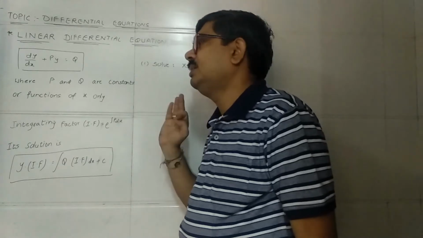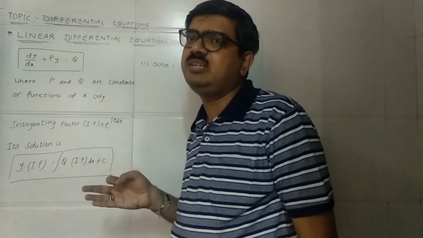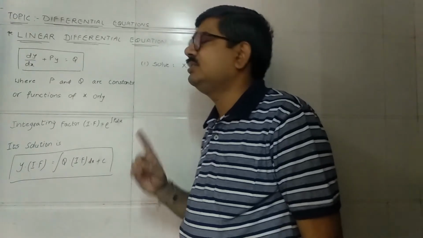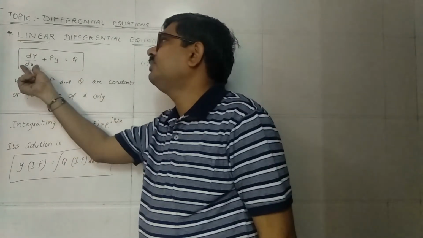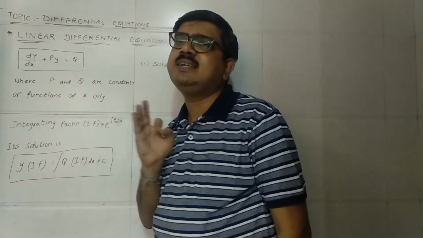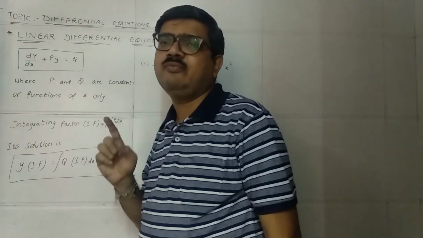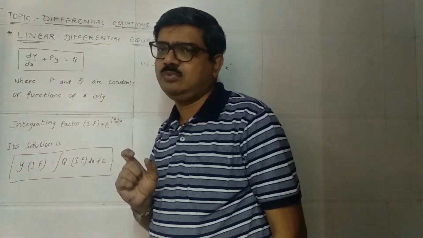Remember, how to identify whether a given differential equation is a linear differential equation. For identifying that, first of all, the first term will always be dy by dx. Another thing to keep in mind is that the dy by dx term should be alone.